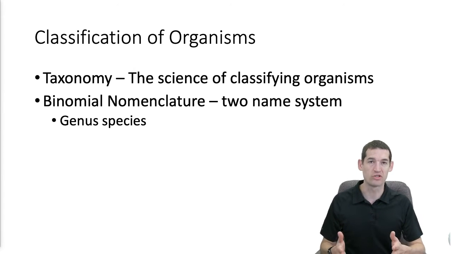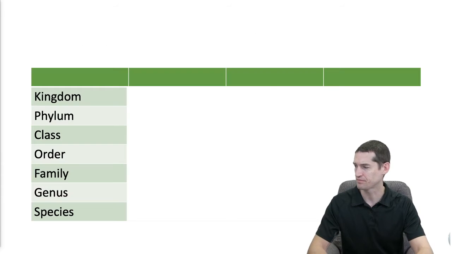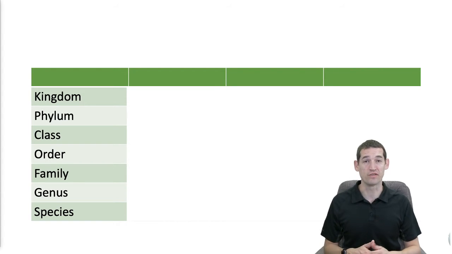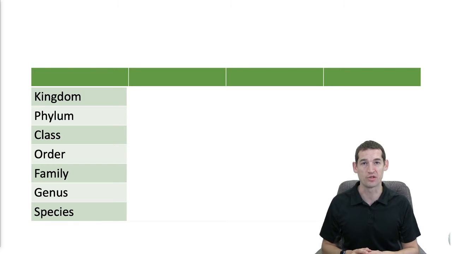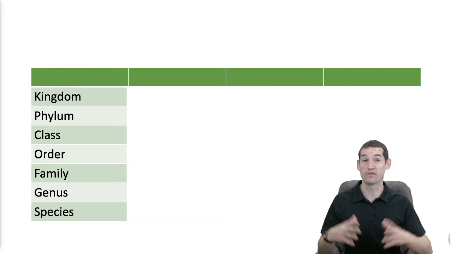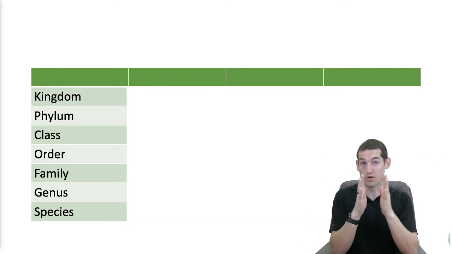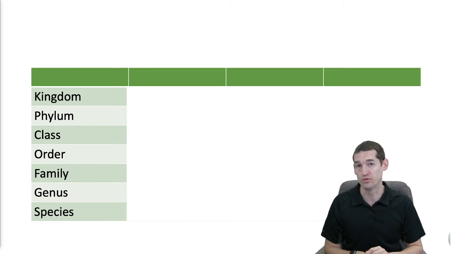And let's go through a couple of examples, and maybe that'll help that make sense to you a little bit. So you should remember these, hopefully, from earlier science courses, whether it's Science 9 or Science 10. You need to make sure you know these if you don't already, that hierarchy of kingdom, phylum, class, order, family, genus, species. And that's going from very, very broad, like kingdom, to much, much smaller as we get down to eventually a single individual species.